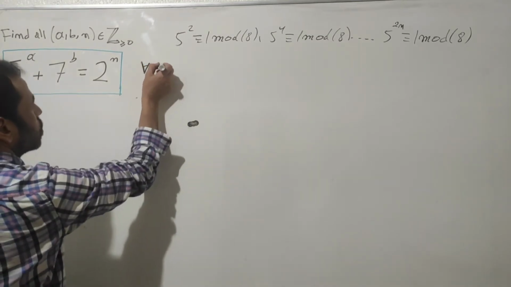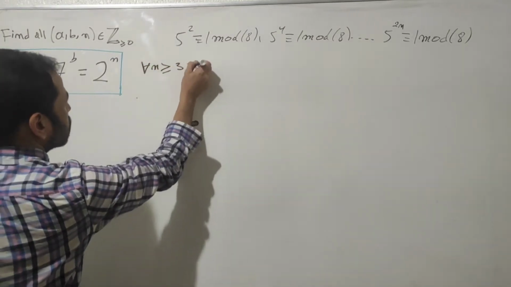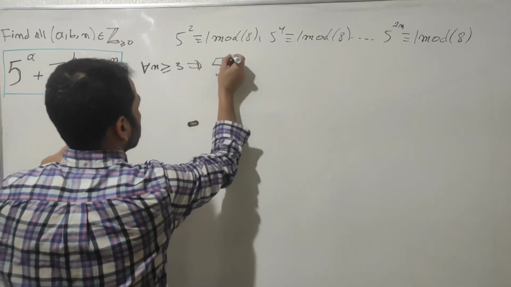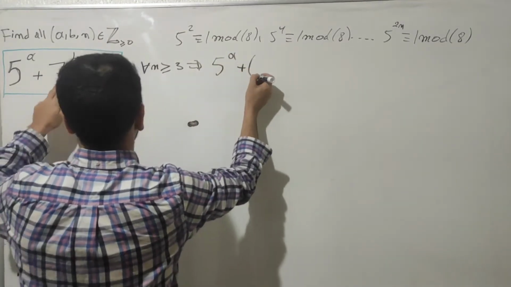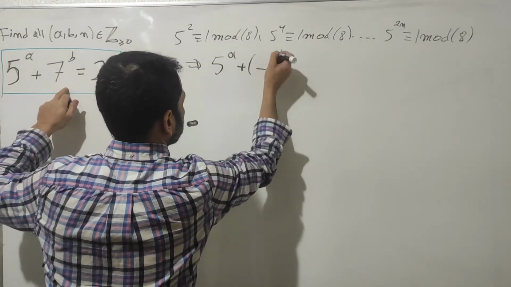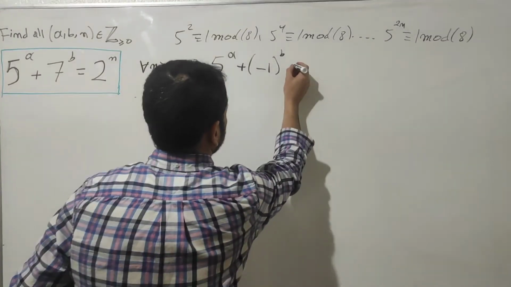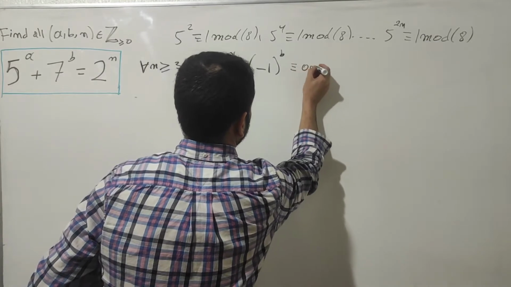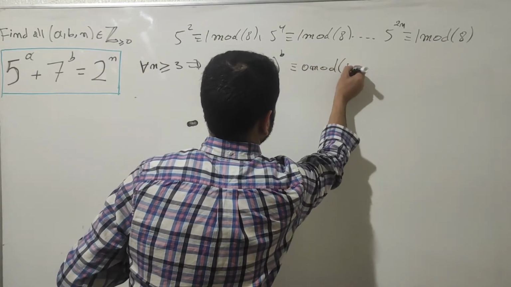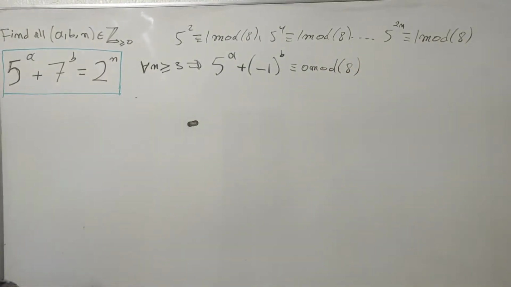For all n at least 3, the equation becomes 5 to the a plus minus 1 all to the b, because we know 7 equals 8 minus 1. The right side is clearly 0 mod 8, because we have 2 to the n here.